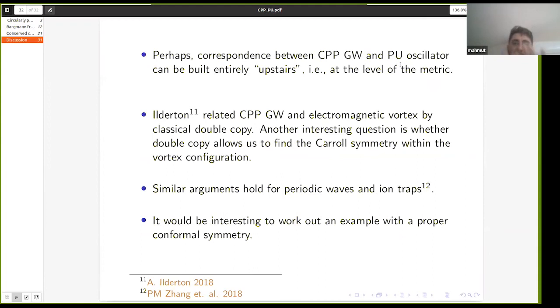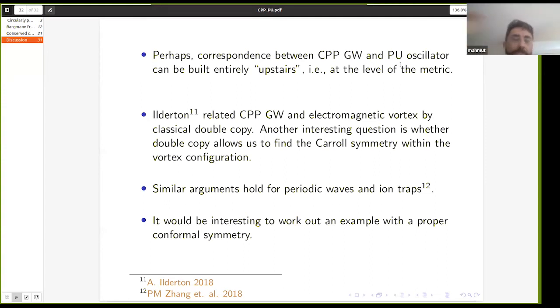What I did is, first I had the gravitational wave, then I projected it to the non-relativistic system, then I did some coordinate transformations and ended up with the Pais-Uhlenbeck oscillator. In the literature, people were trying to lift the Pais-Uhlenbeck oscillator, and they did it very nicely, but they didn't end up with a plane gravitational wave.